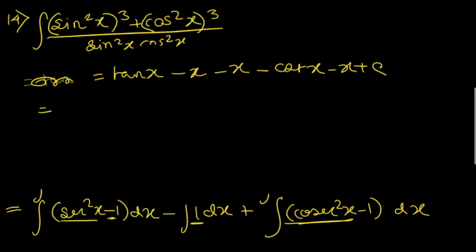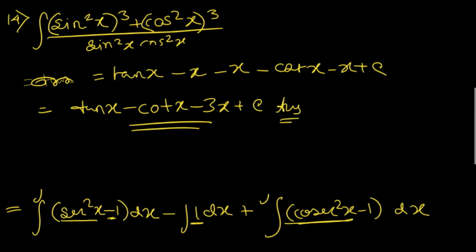So we got minus x minus x minus x, that is minus 3x, so tan x minus cot x minus 3x plus c. So this is the final answer.